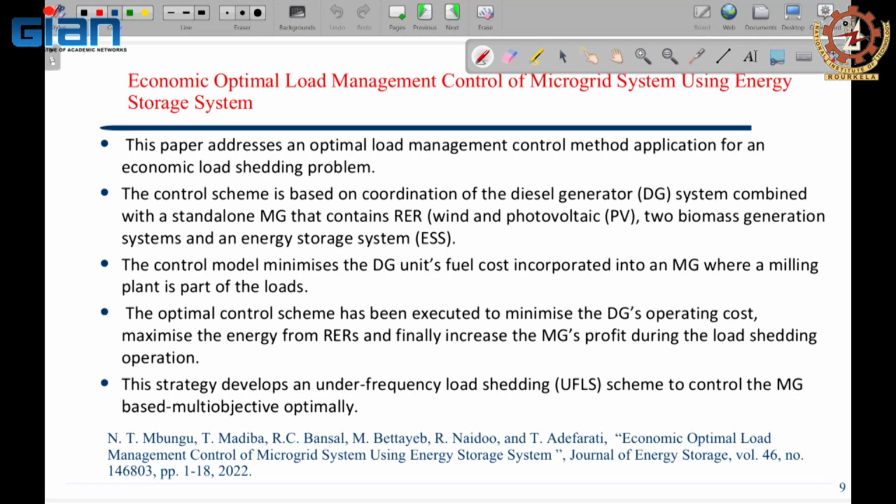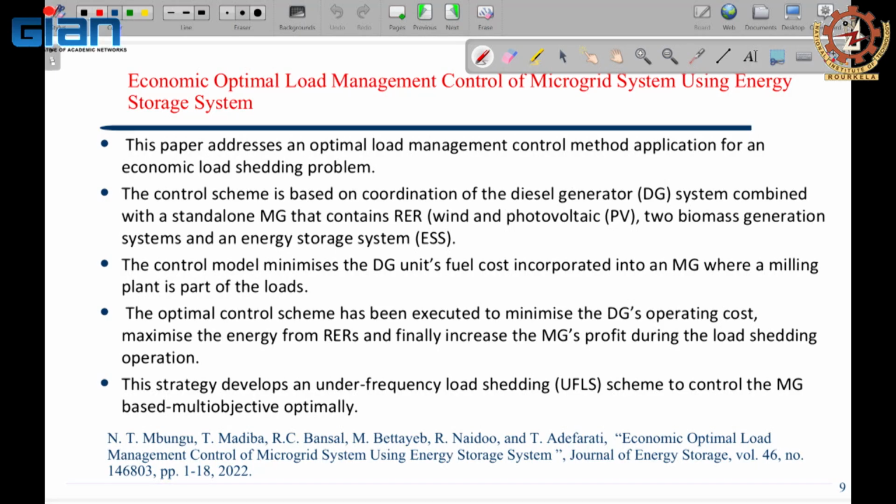Initially you may have a situation of load shedding. So by managing the generation, even the storage system, how you can avoid this problem of load shedding, and optimize the process and have the economical operation as well.